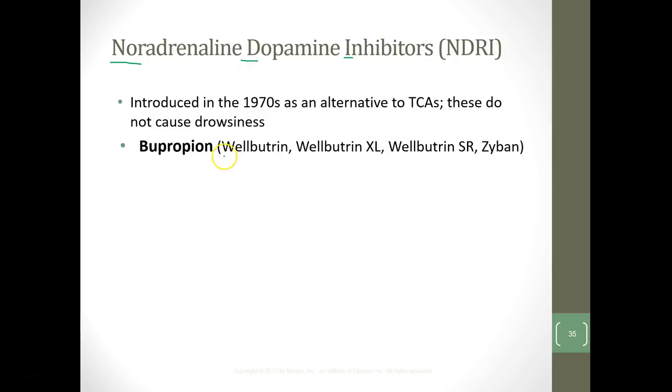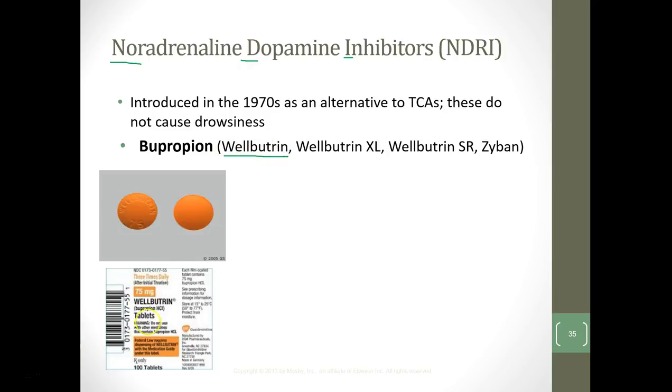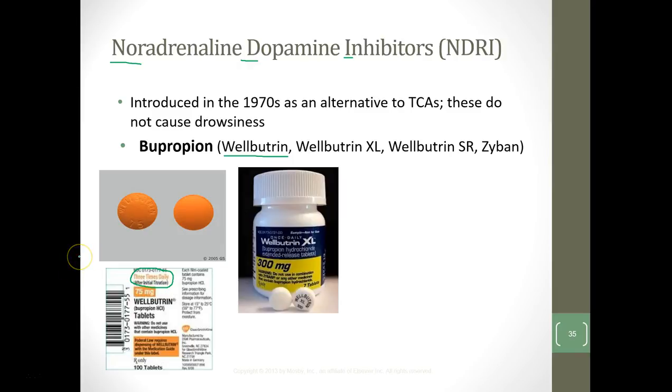Now, it comes in many brand names. We have Wellbutrin, which is an immediate release, and it says right here, take it 3 times daily. So this is what a Wellbutrin tablet, a 75 milligram one, would look like. Then we have Wellbutrin XL, and both the strengths for the XL are white.